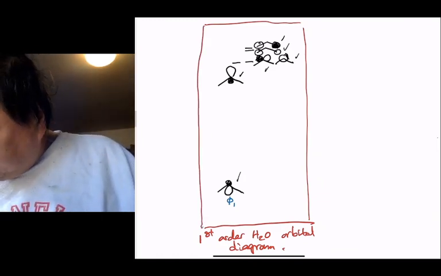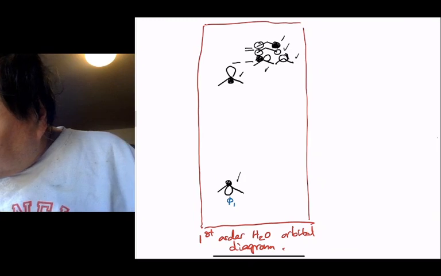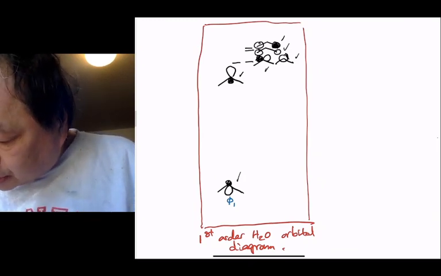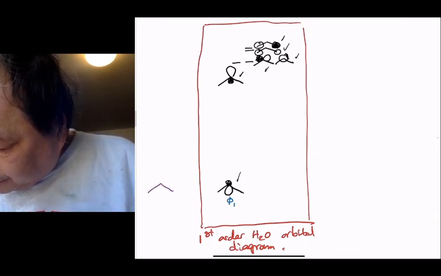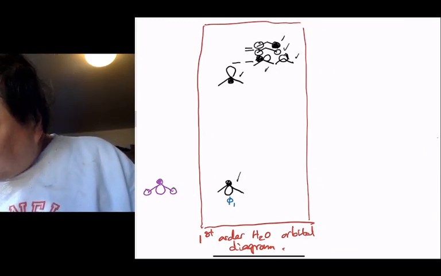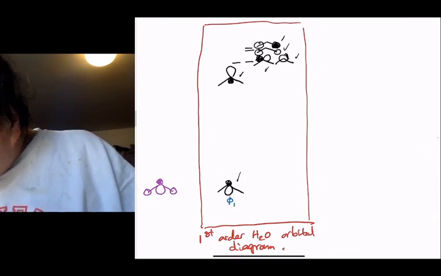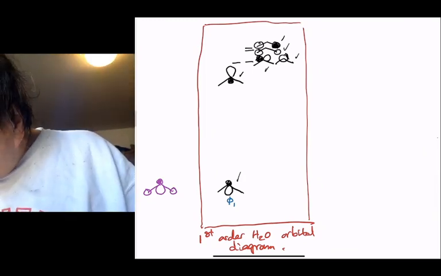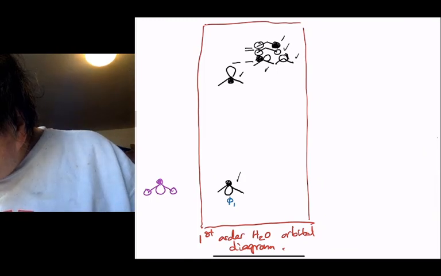And the most bonding orbital we can imagine is this orbital here. This has the most constructive interference. So in blue, there's my phi 1, and my phi 2 will be, therefore, this orbital right here, phi 2.